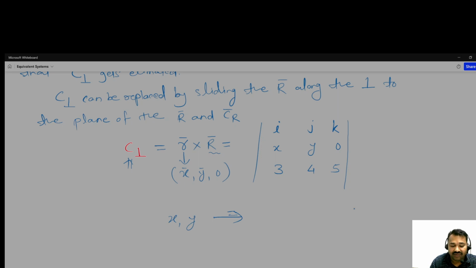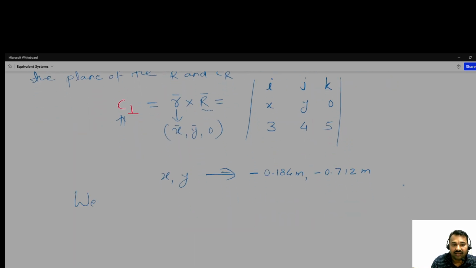We get minus 1.0 meter and minus 7.12 meter. So in this way we are left with the resultant and C parallel through this point.